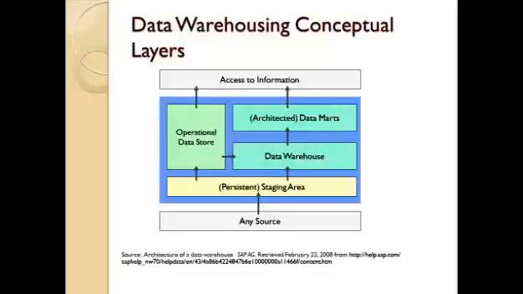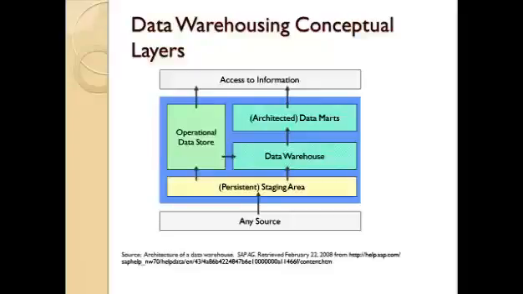The first component toward the bottom is a persistent staging area, which is where data is stored when it first comes into the data warehouse. So any data source, be it internal or external, the data when it is coming in first gets stored in the persistent staging area.